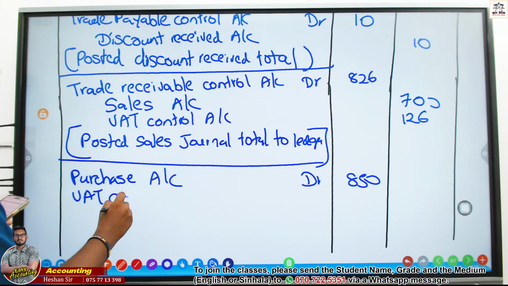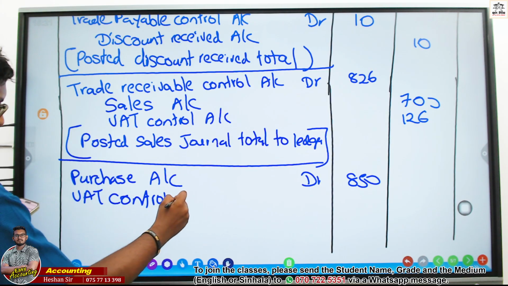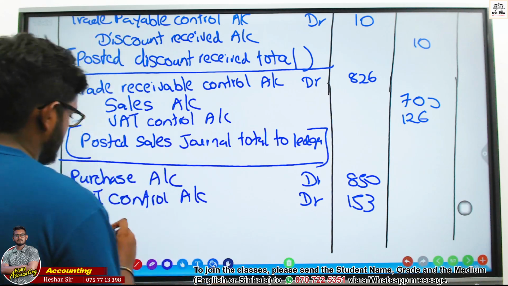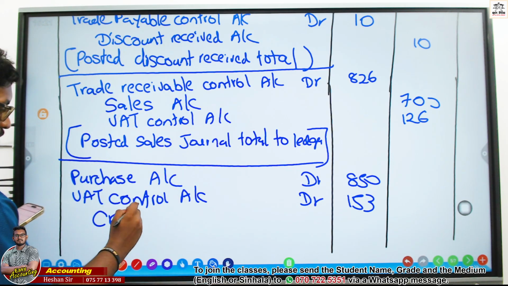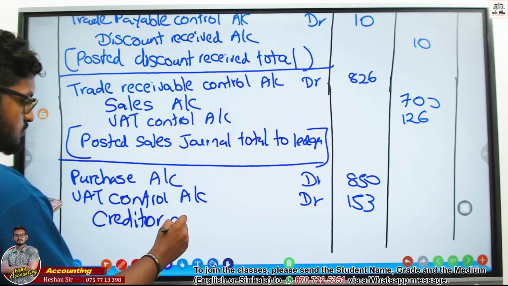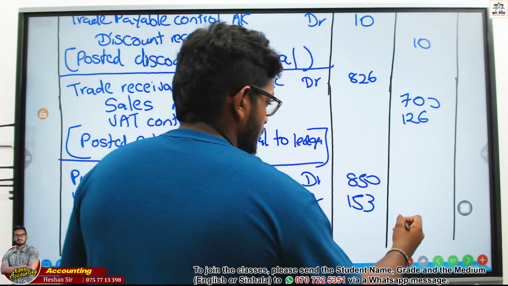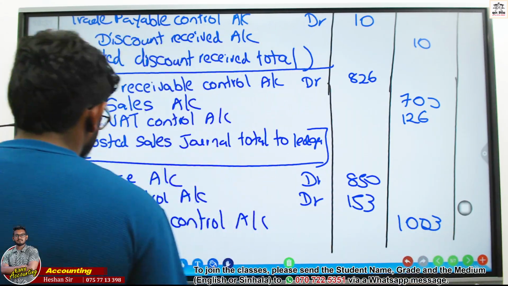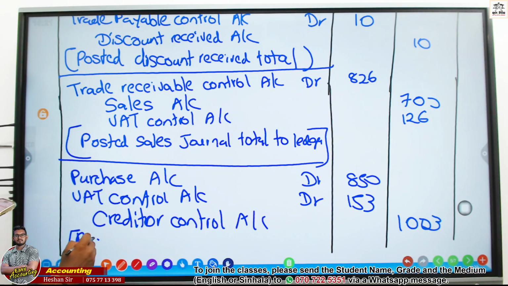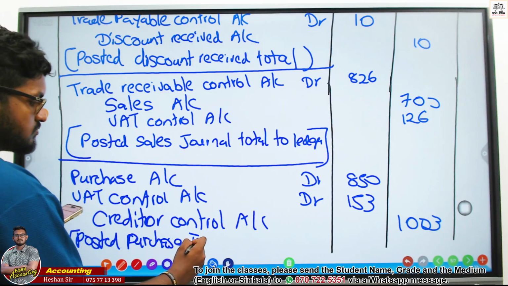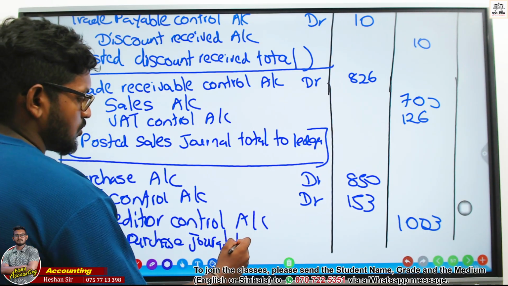VAT control account debit 153. Creditor control account credit 1003. You can write posted purchase journal total to ledger.